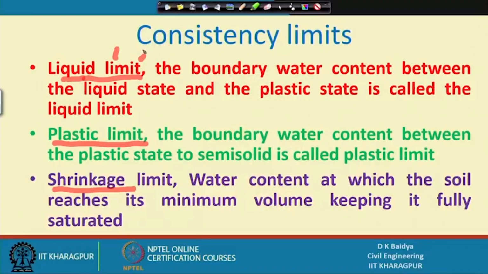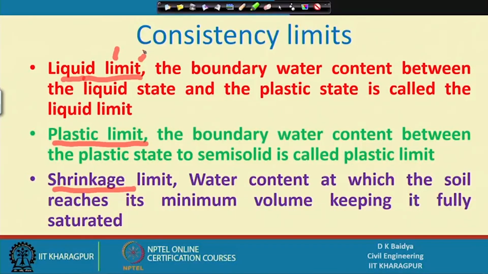Up to a certain stage that will be applicable, and then the soil will reach its minimum volume, and if you further reduce the moisture, further reduction of volume is not possible. So, the water content at which the soil reaches its minimum volume, keeping it fully saturated, is called the shrinkage limit.